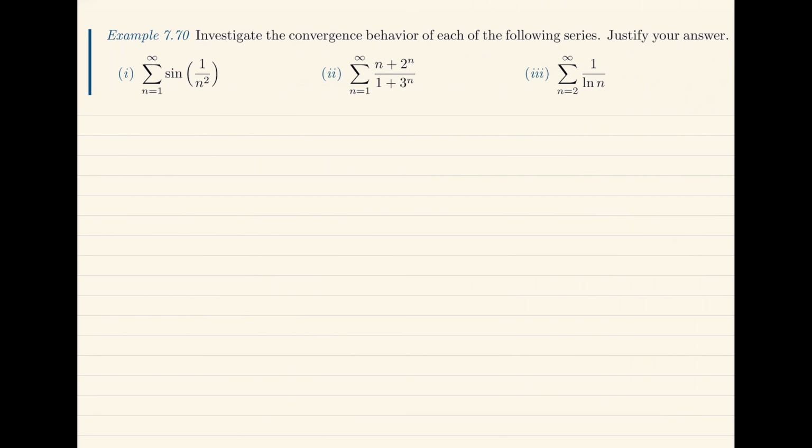And if you remember, during the lesson I told you in the class that if you want to use this direct comparison test, you should have some kind of feeling about in which direction you want to move. If you believe that your series converges, then you have to find an expression that is greater than this one and prove that that greater series converges, so that you can conclude that your series, which is the smaller one, also converges.